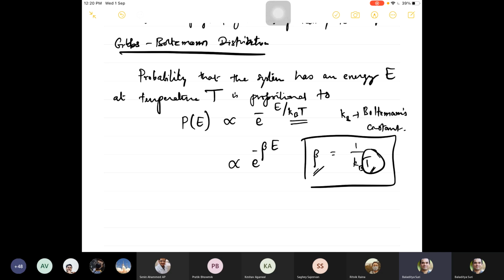Now, every probability, when you write it as a proportionality, will have a normalization constant.